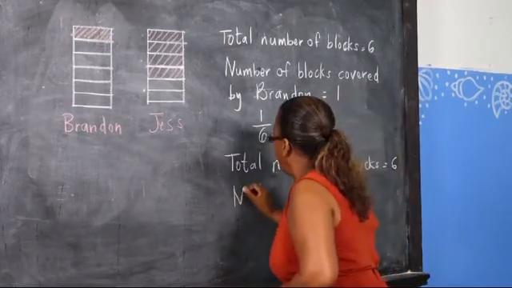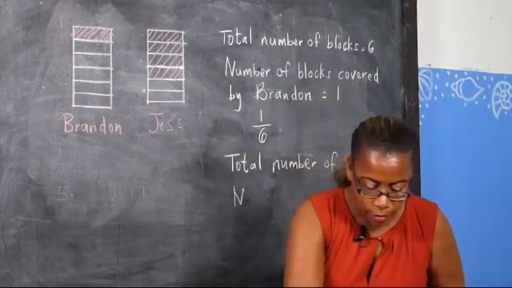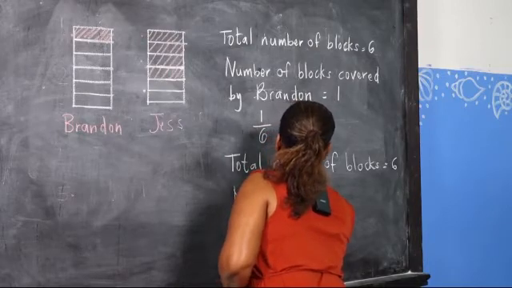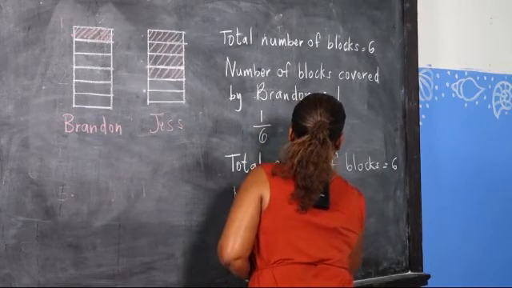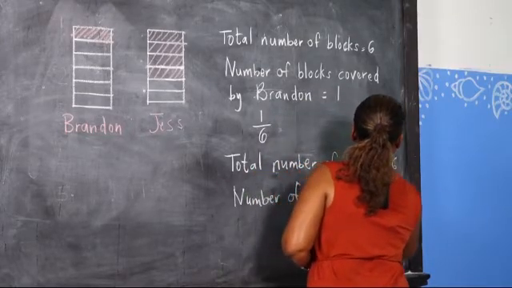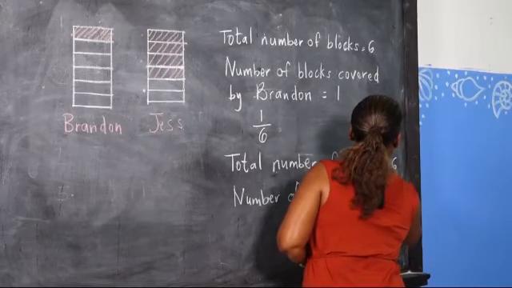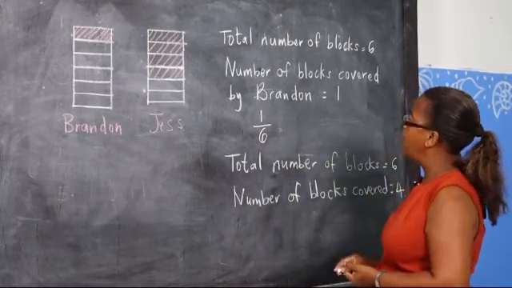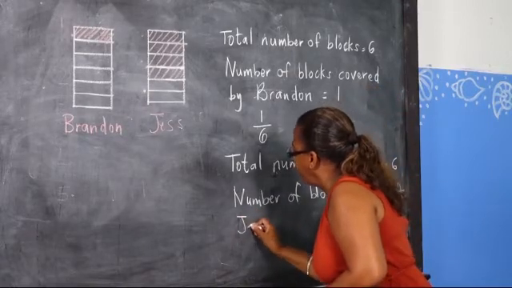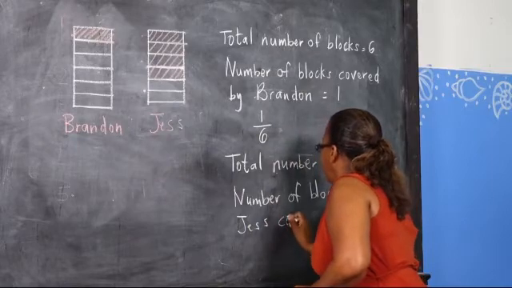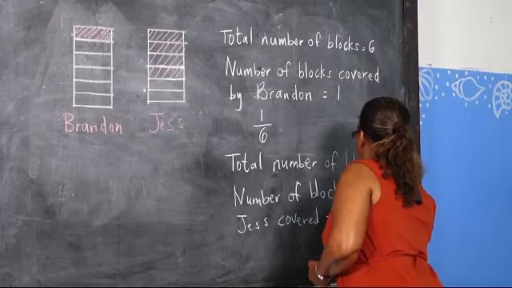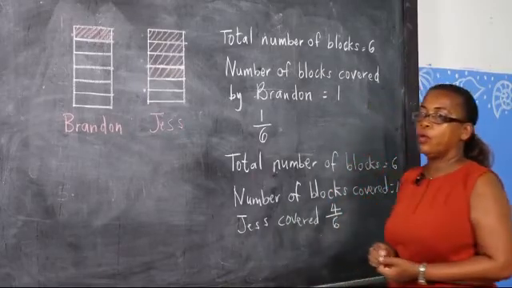The number of blocks covered were 4. Therefore, Jess covered a distance of 4/6.